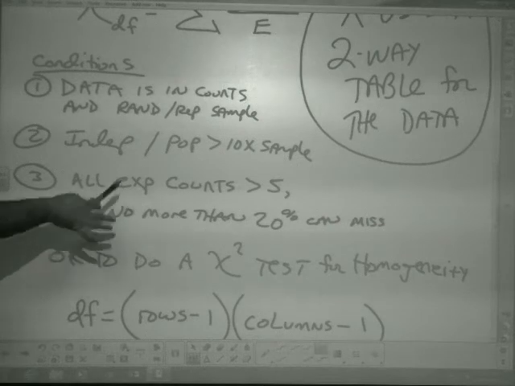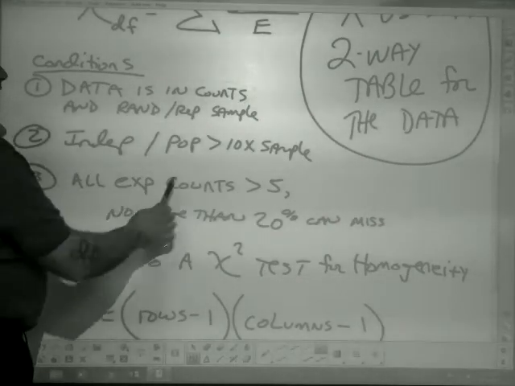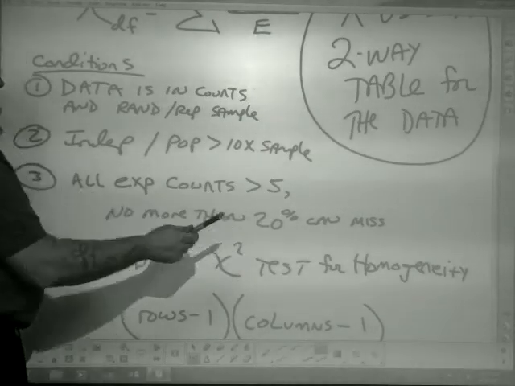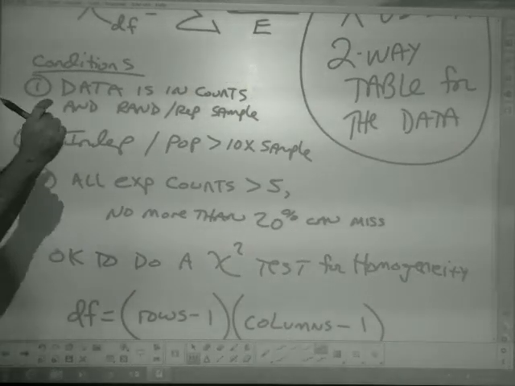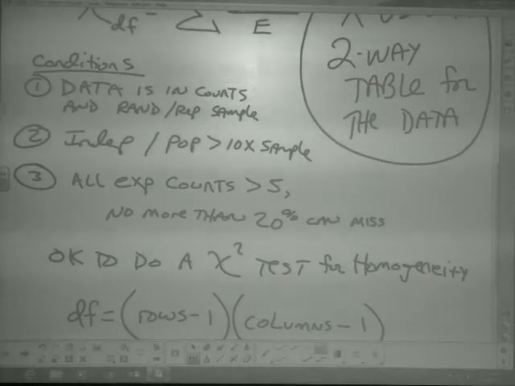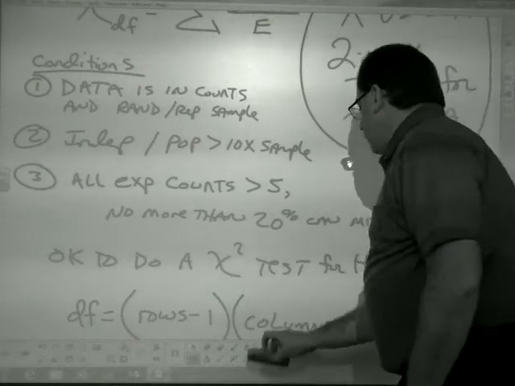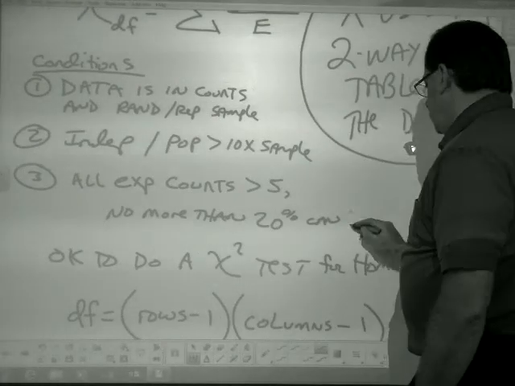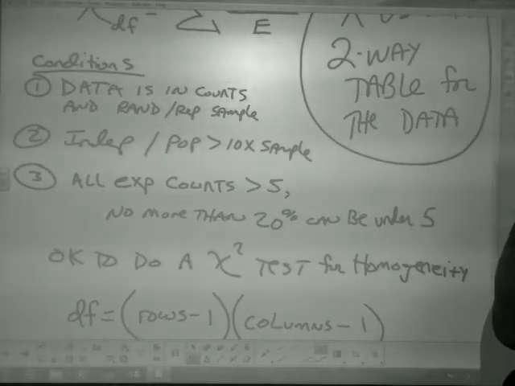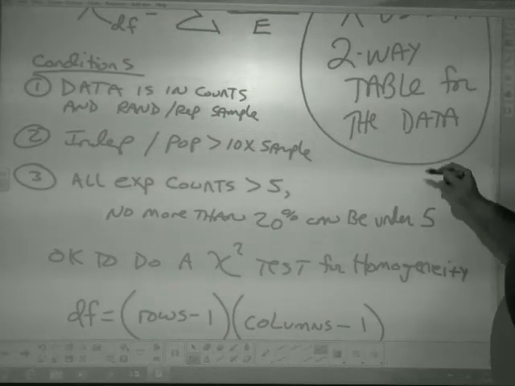Well, here's the thing. In this two-way table, if all expected counts are not greater than 5, as long as no more than 20% of those values miss it, you're okay. So no more than 20% can be under 5. How about that? So if I have a table, let's say 3 by 2, that's going to have 6 boxes in it.